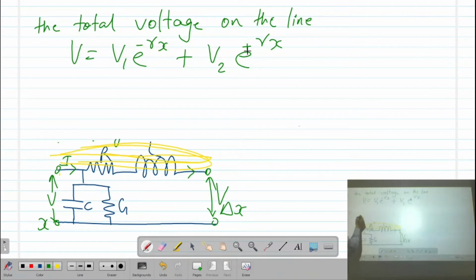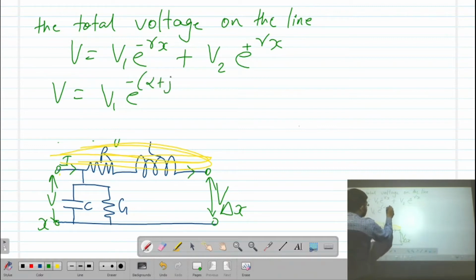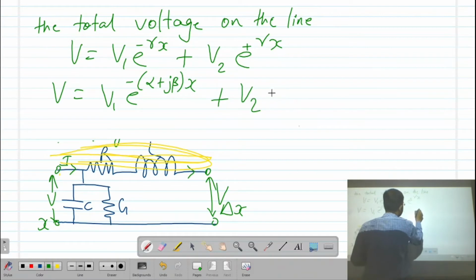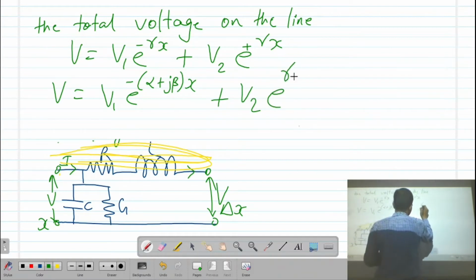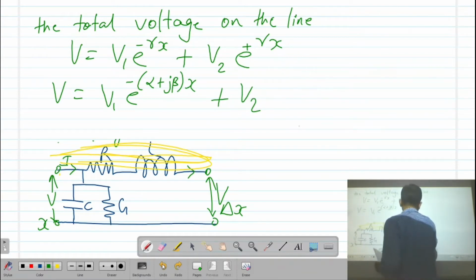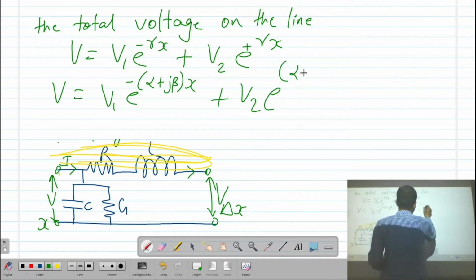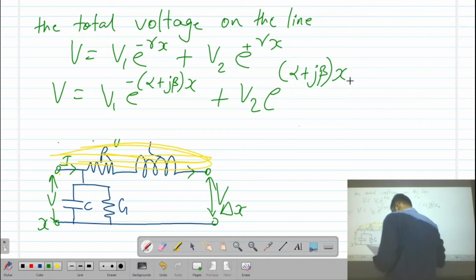And we can also write V is equals to V1 e raised to minus of alpha plus j beta into x plus V2 e raised to plus of alpha plus j beta into x.